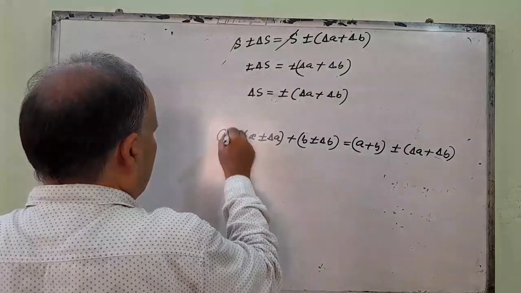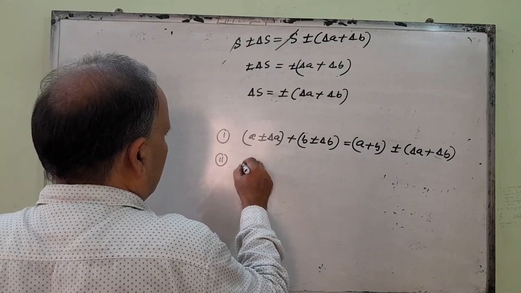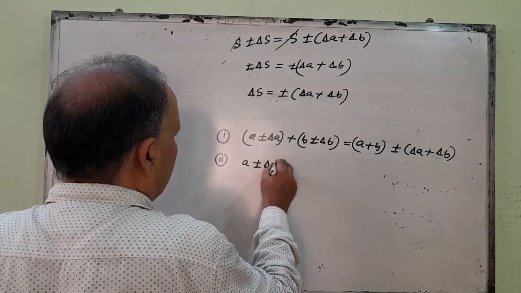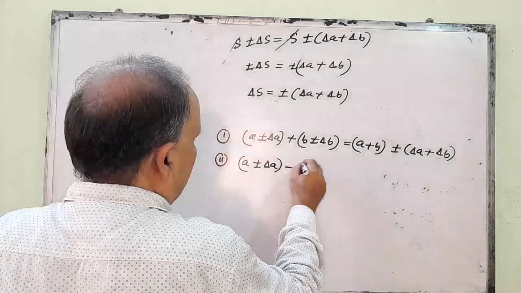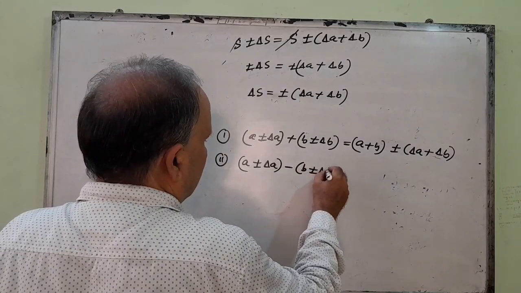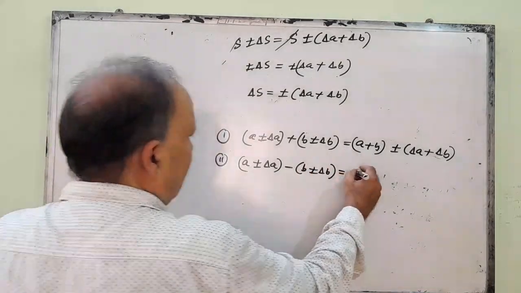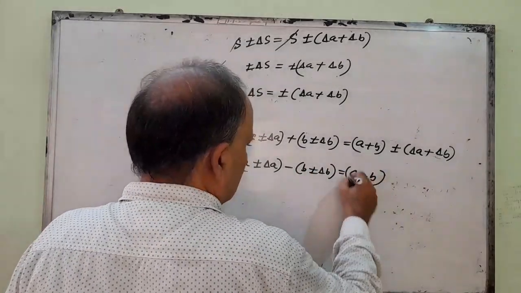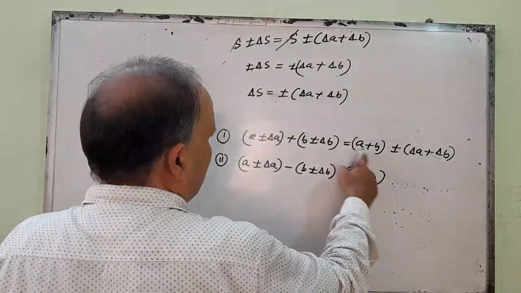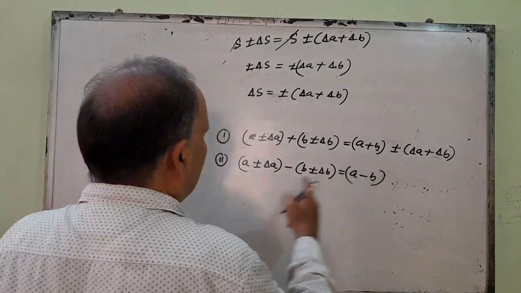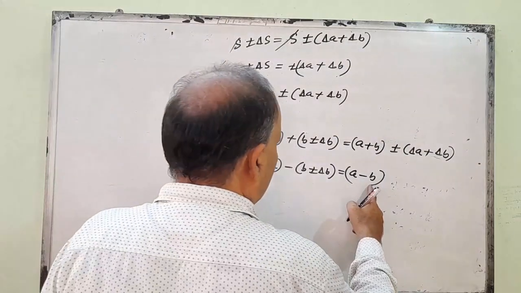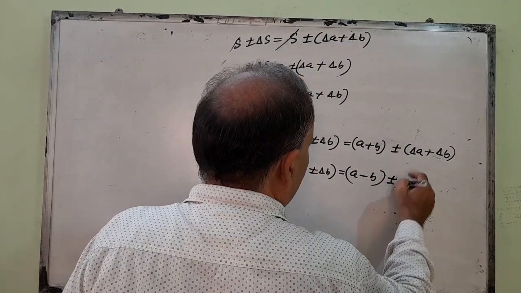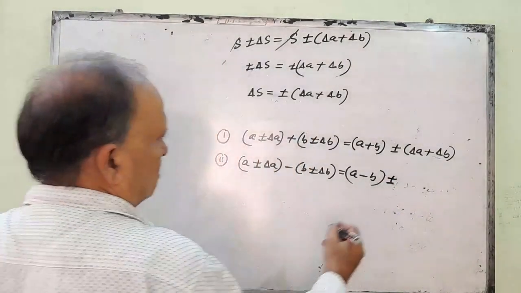Similarly, in case of a subtraction, a plus minus delta a minus b plus minus delta b, here we get a minus b. In this case you subtract mean value from mean value, but the error term must be added. That is equal to what?